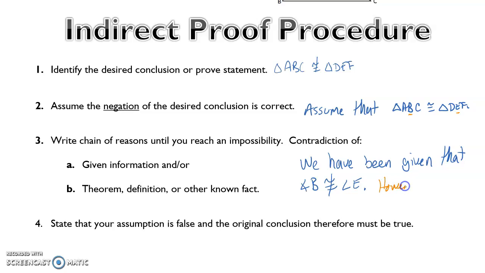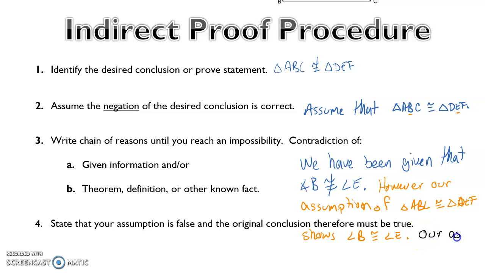However, we assumed that, or I can just say our assumption of triangle ABC congruent to triangle DEF shows angle B congruent to angle E. Then we can just basically state that our assumption must be false.